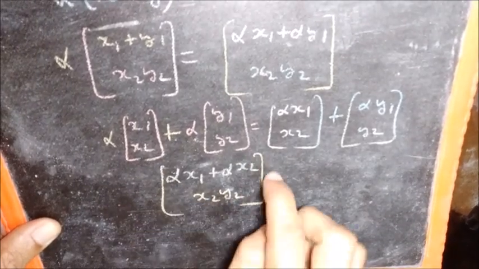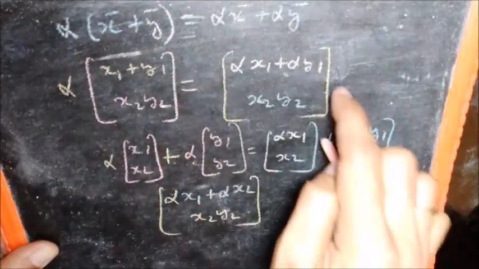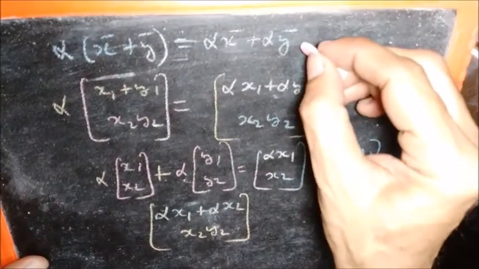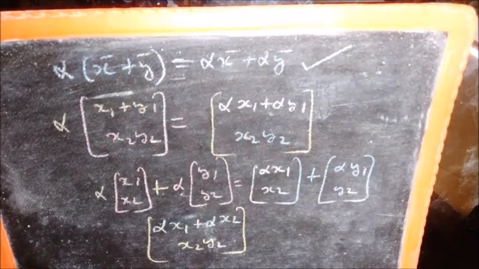You can see that this is the same as this. So left hand side is equal to right hand side, which means that this property is also satisfied.